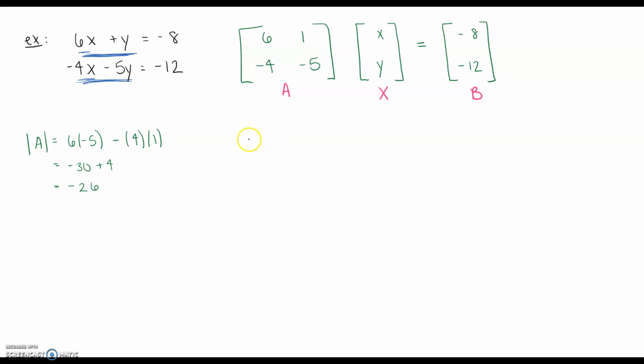So then the inverse is the determinant, 1 over -26 times the matrix, and then we do some swapping. So this is -5, -1, +4, 6.